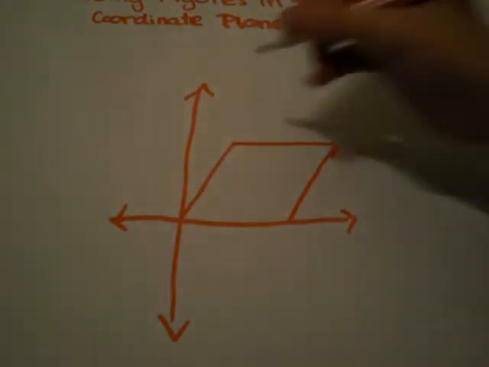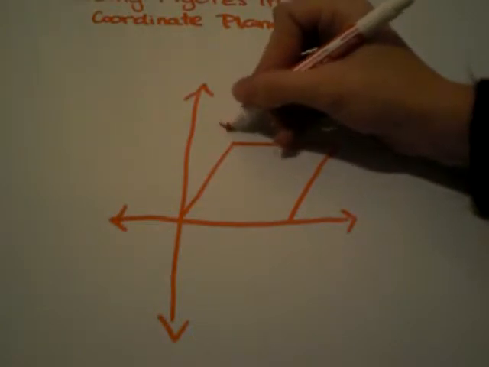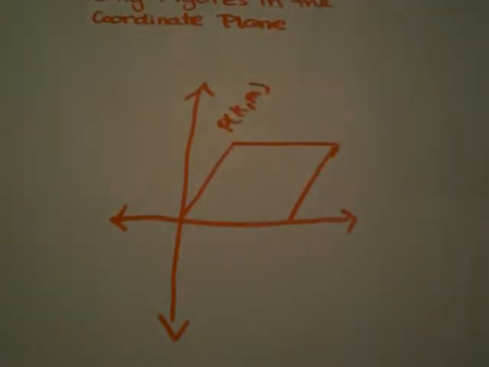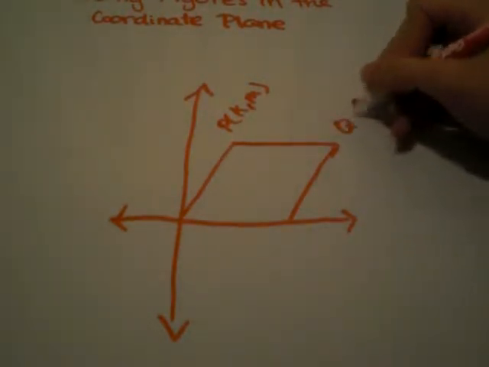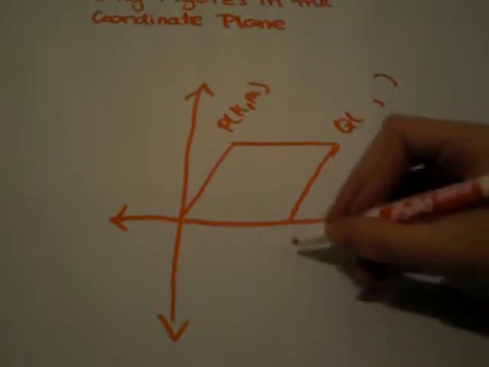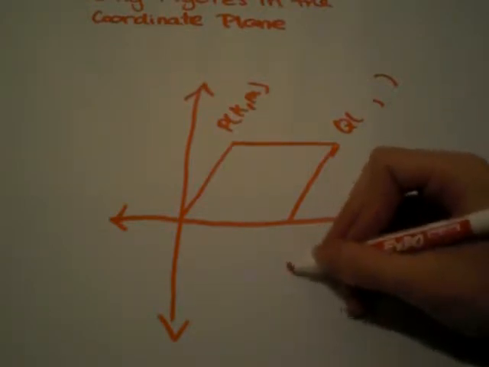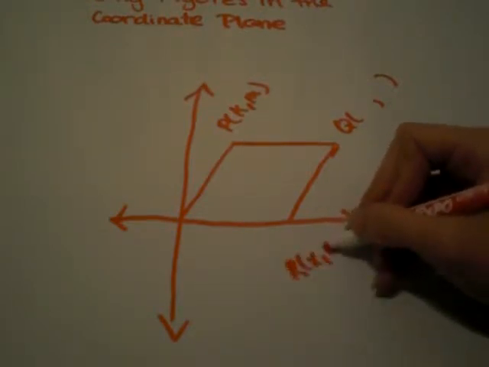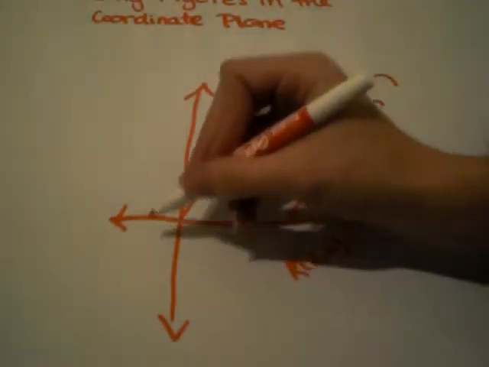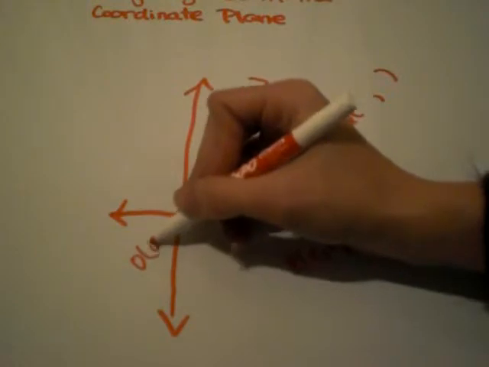Okay, P is up here, and P is labeled (K, M). Q is blank. R is (X, 0). And O is (0, 0) at the origin.